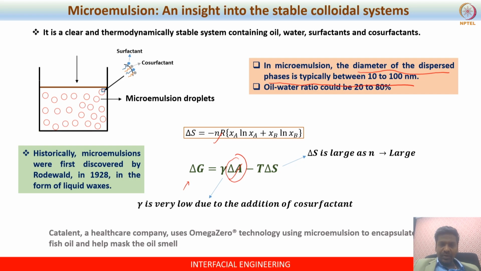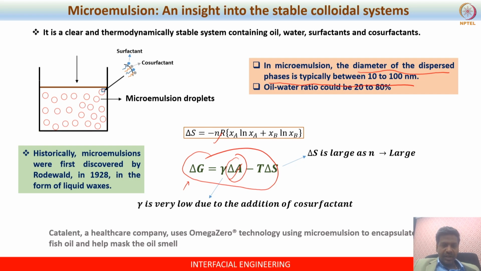So in such a scenario, you would end up getting only the entropy contribution. In this case, delta G, the change in Gibbs energy, is negative, and it is purely driven by the entropy contribution. That's why we can say that microemulsion is a thermodynamically stable system, unlike the emulsion system.